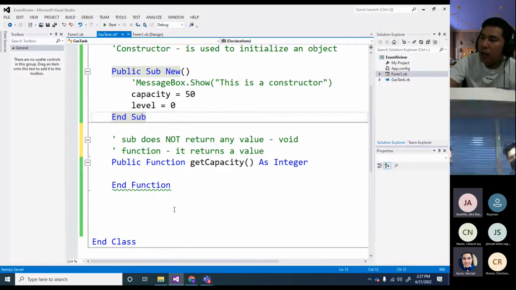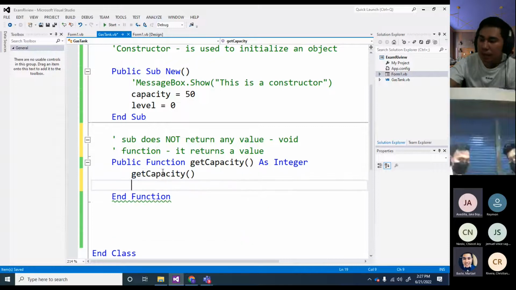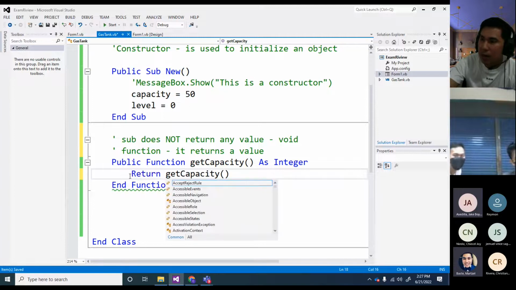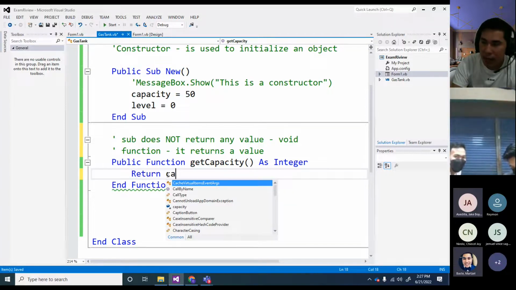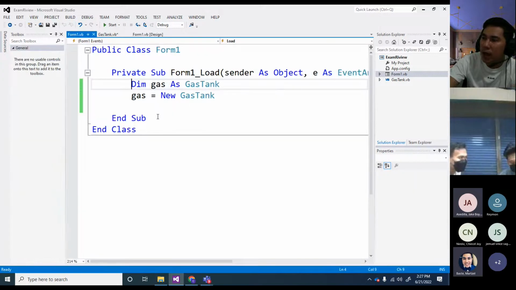So since our capacity will return a value, and it is expected to return an integer value, which means that we return the capacity. So this time get capacity. Yeah. So return capacity. Ayan.